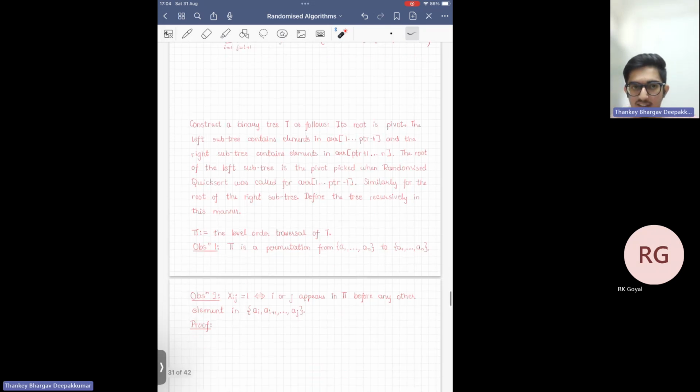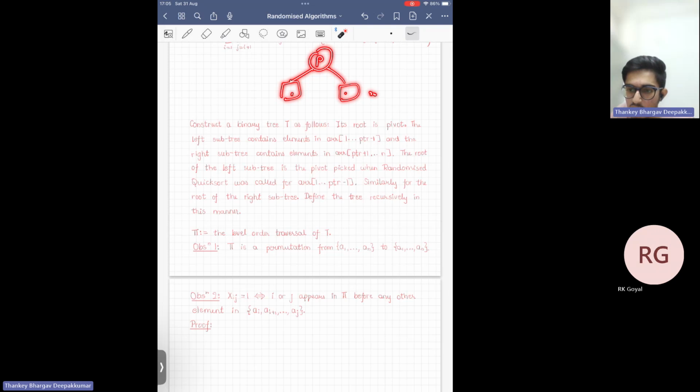And then we had constructed this binary tree. The root of the tree is the pivot. The elements in the left subtree are everything smaller than the pivot. Elements in the right subtree are everything larger than the pivot. And we construct the left subtree and right subtree recursively in the same way. So the elements in the left subtree are ARR[1] to ARR[ptr minus 1], where ptr is the position where the pivot is located.